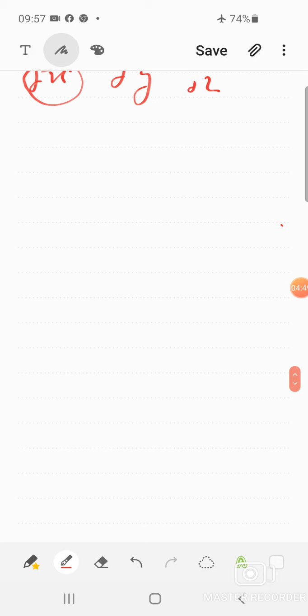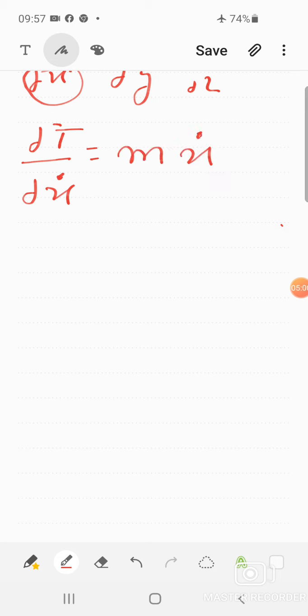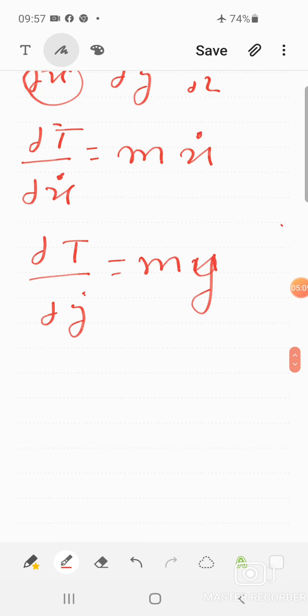So now we will find out curl T by curl x dot, and that will be simply m x dot. Similarly, curl T by curl y dot will be equal to m y dot, and curl T by curl z dot will be equal to m z dot.